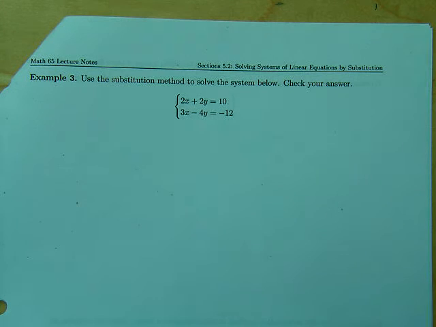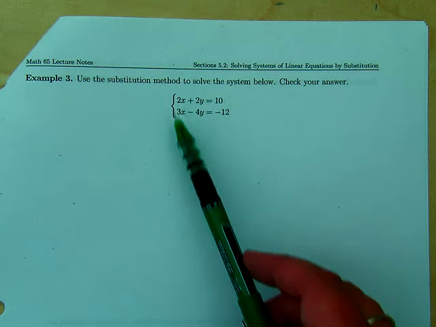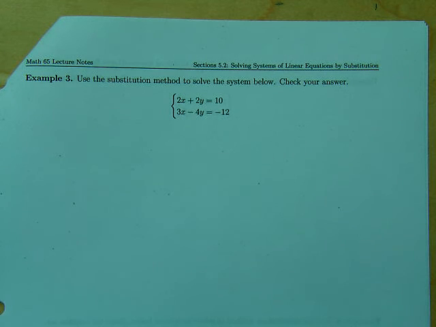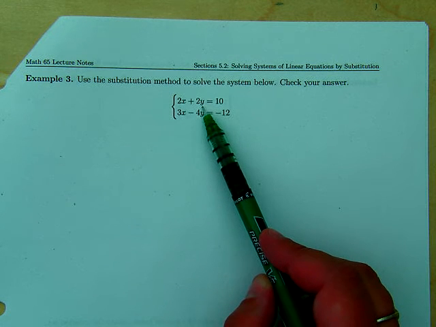Here it is required because I have to find out which variable I want to put by itself. It really doesn't matter which variable you get by itself, but you're going to be plugging one equation into the other. So which one do you think looks like it would be easiest to solve for? The first one, the 2x, okay? And do you want to get x by itself or y by itself?